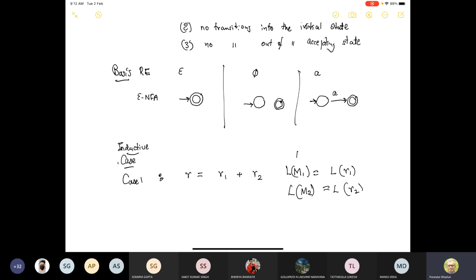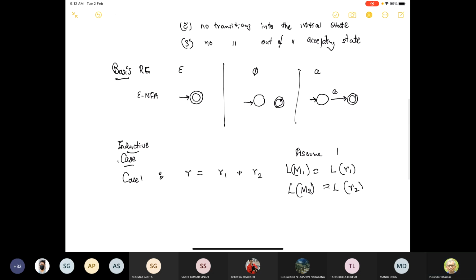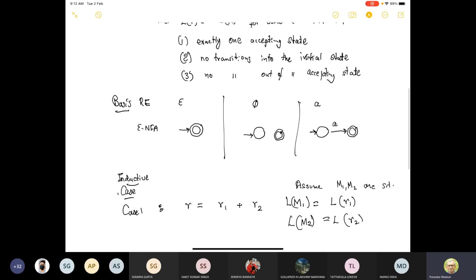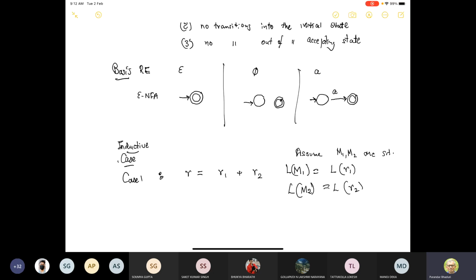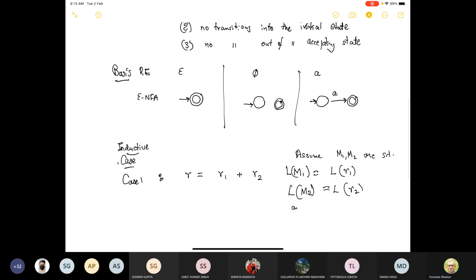So we assume this. And further assume that M1 and M2 also satisfy these three constraints. That's important. That's the induction hypothesis.